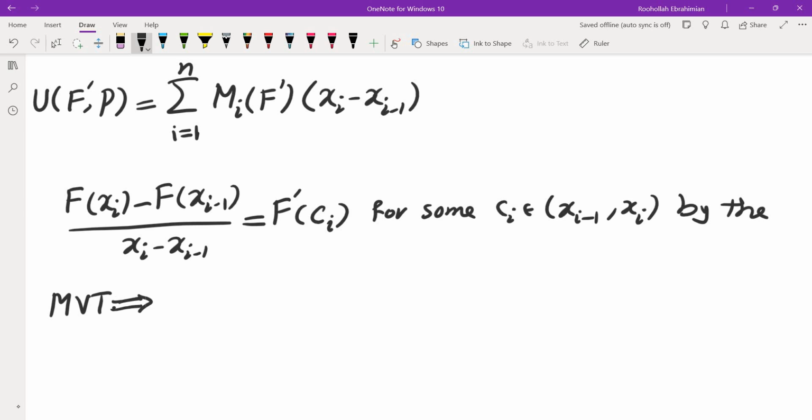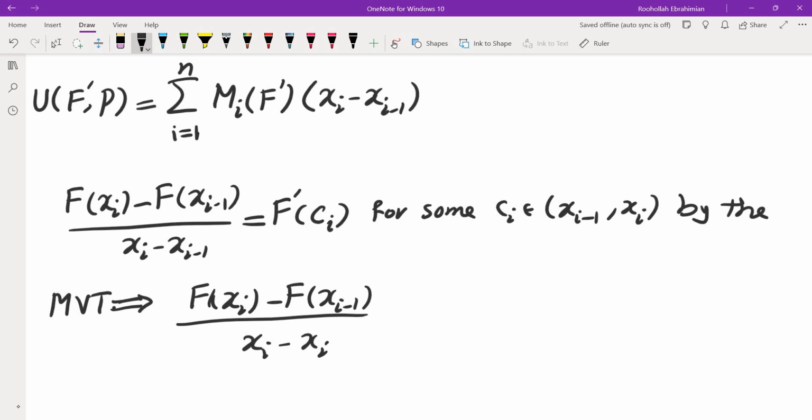So this means, since Mi is the supremum, f of xi minus f of xi minus 1 over xi minus xi minus 1 is going to be less than or equal to the supremum, which is capital Mi.